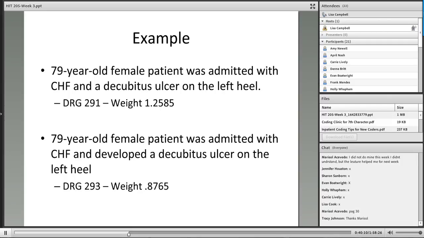They just completely ignore it like it's not even on the claim. And instead of us getting a DRG 291 with a weight of 1.2585, we get a DRG 93, which has a weight of 0.8765. Does everybody understand this concept here? What CMS realized they needed to do?